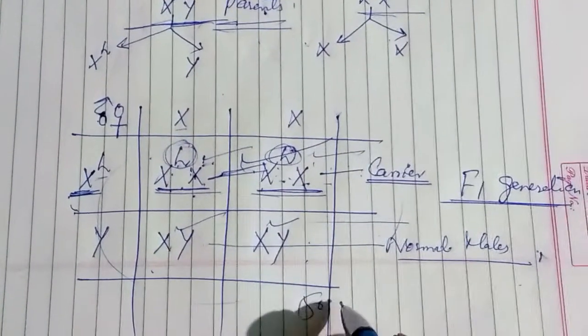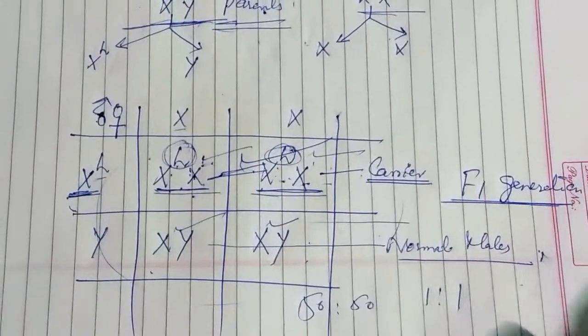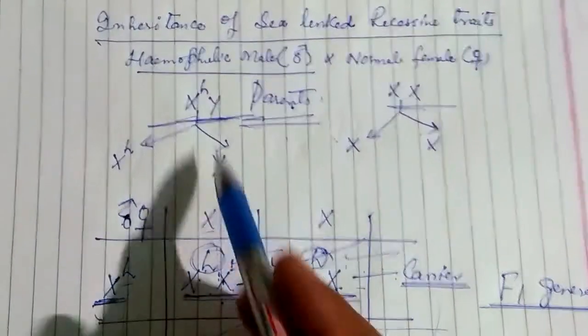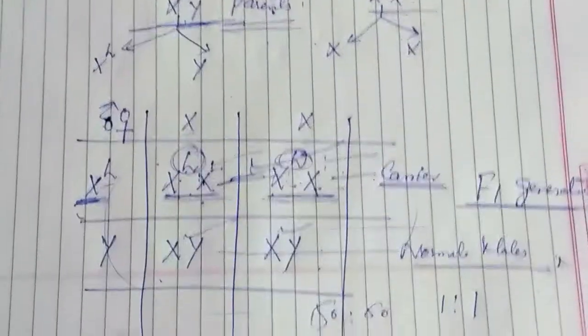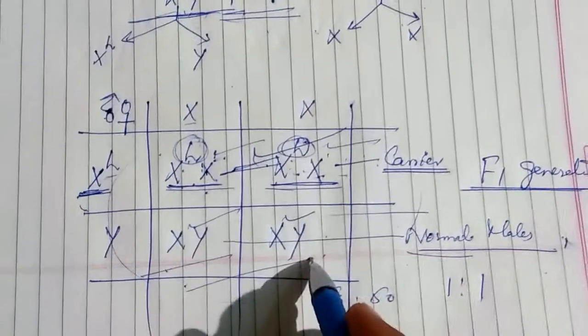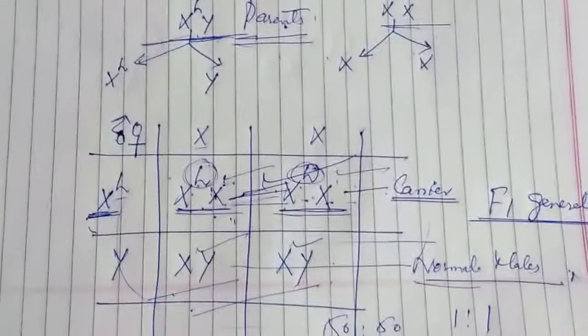It would be 50 to 50, or 1 is to 1. Or you can also be asked like this: if a hemophilic male marries a normal female, how many of the offsprings in the F1 generation will suffer from hemophilia? None. Although these are carriers for hemophilia, they are not hemophilic.